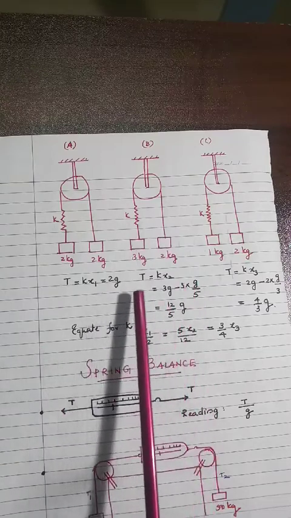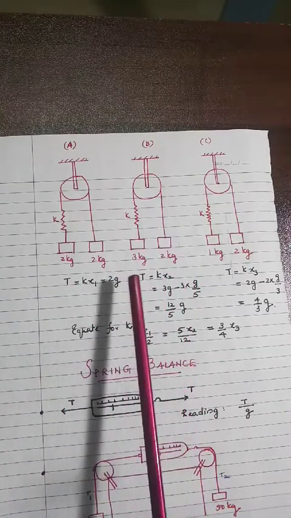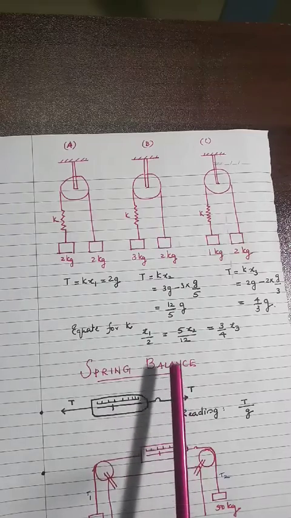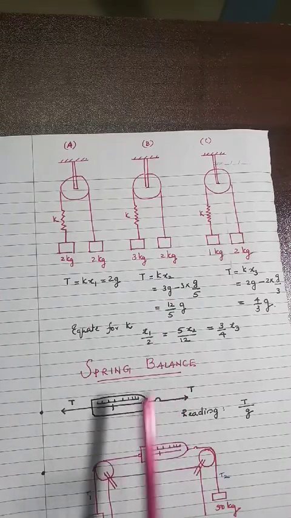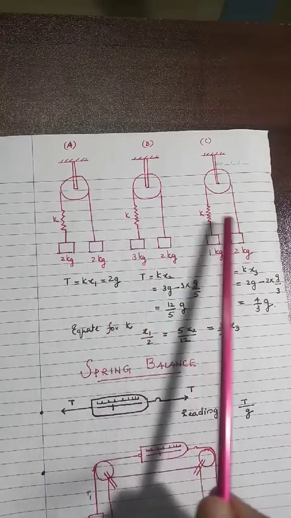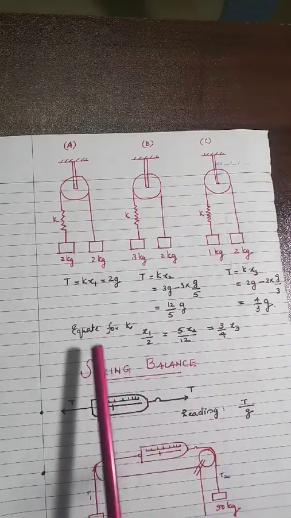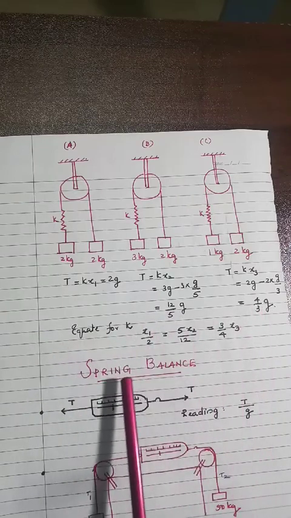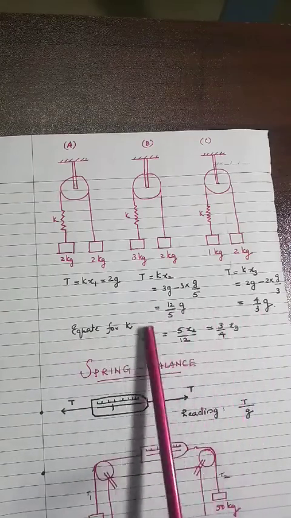The acceleration can be simply found as 3G minus 2G by 3 plus 2. So you get the answer. And similarly we can find it for this one. But K is the same for all three. So you can write the expression for K and we get the solution like this.